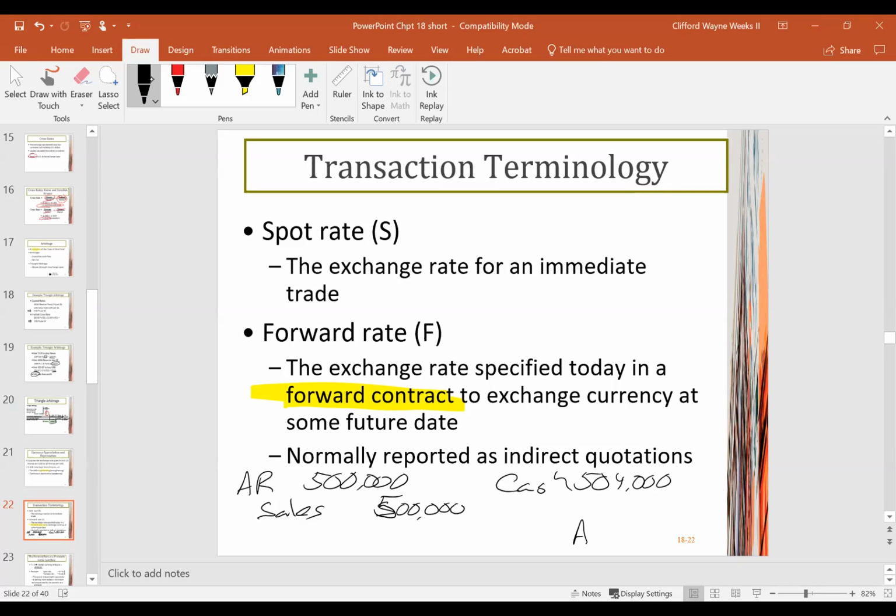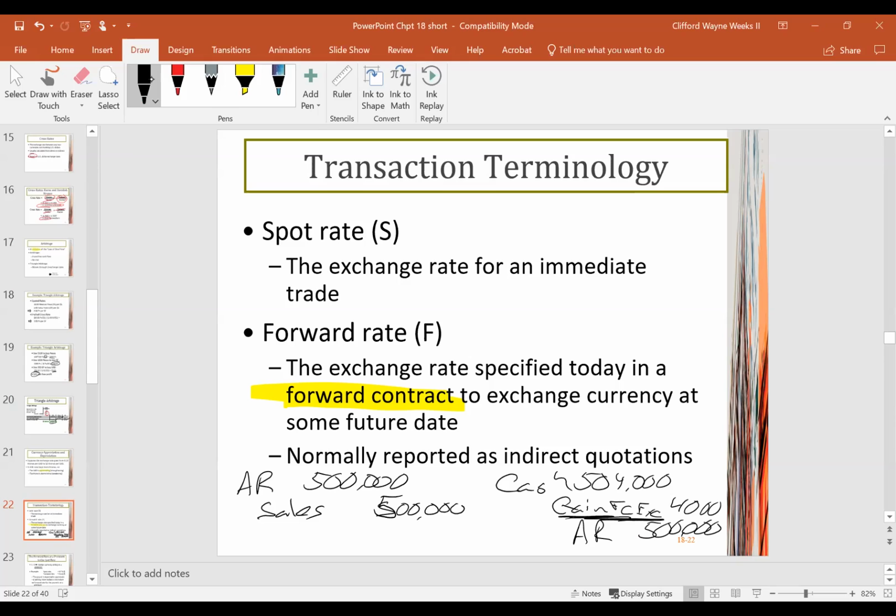Well, we had our accounts receivable recorded for 500,000. So what is this $4,000? Well, that's going to be a gain on foreign currency exchange. For those that have had some accounting background, this is part of other comprehensive income. Because we got more money, we got this gain, but it really wasn't because we did anything. It was because of the change in the foreign currencies.